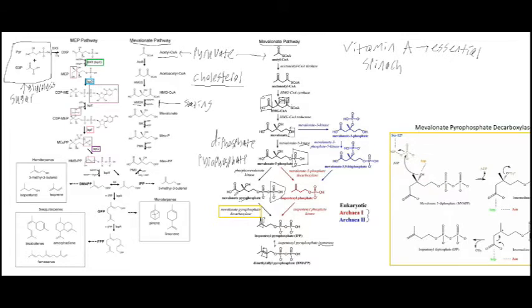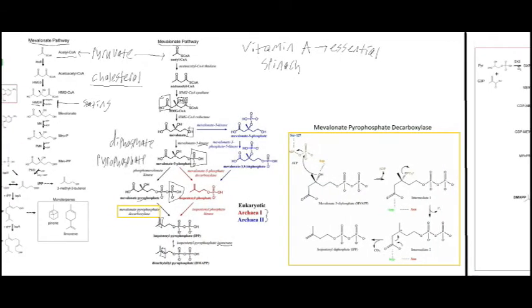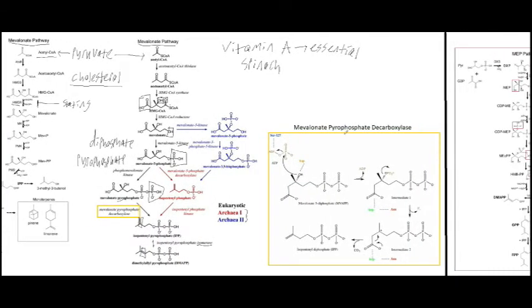And so just to sort of briefly go through this mevalonate pyrophosphate decarboxylase, we see this hydroxyl group here, which we see over here on this, is going to attack this phosphate here, which is on, so this is ADP, but then it has this other phosphate here, which makes 3, so it's ATP.